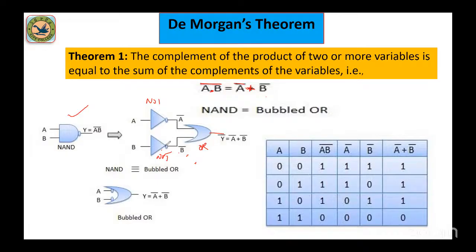A NOT gate followed by an OR gate means a bubbled OR gate. Here you can see the bubbles. A bar plus B bar is the bubbled OR gate.